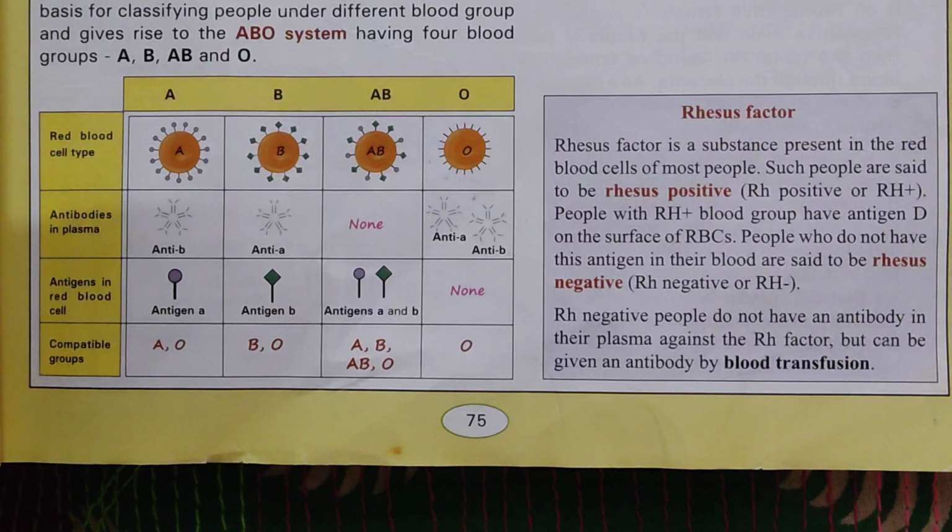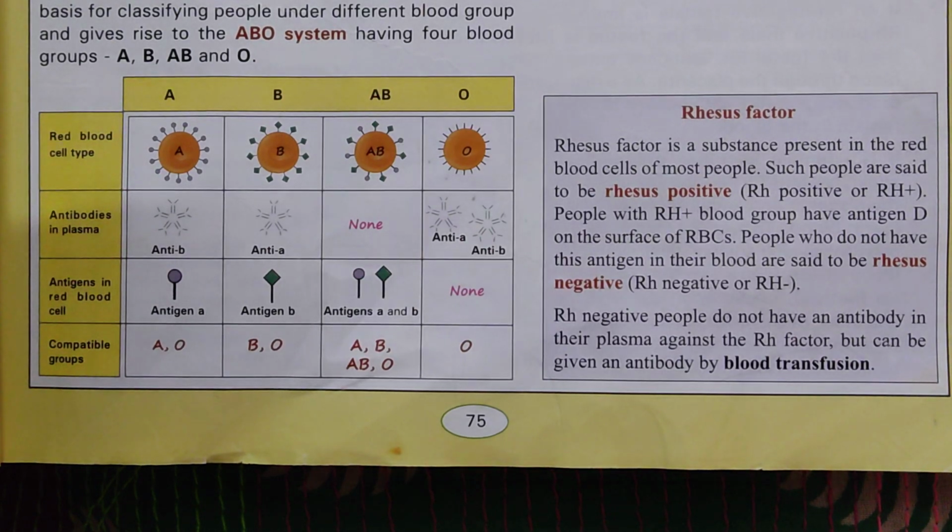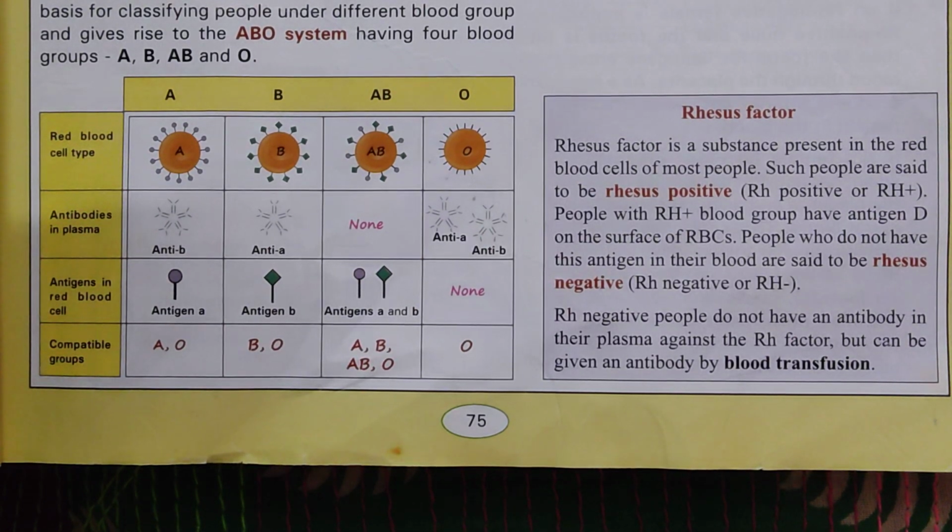Okay, now see, we saw that antigens present on the RBC will show us what type of blood group they have. Next, when we are talking about the rhesus factor, this is also present on the red blood cell itself.